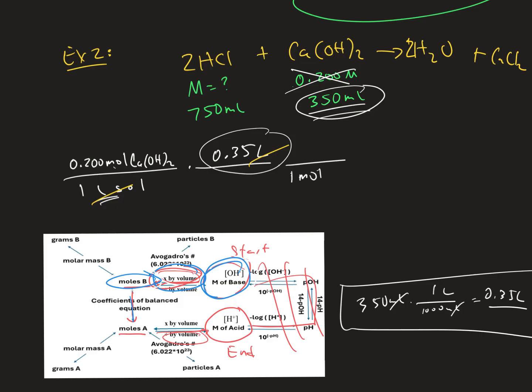So it's a 1 in front of that. So 1 mole of calcium hydroxide to how many moles of HCl? 2. Good. Moles of our base goes away. Now we're here. And now what do we do? Divide by the volume.